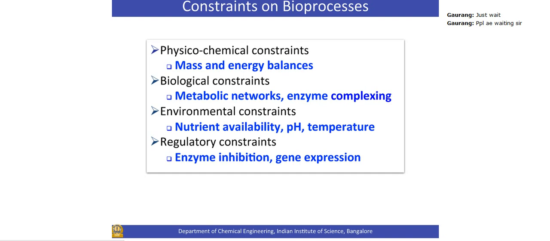But what makes biological processes interesting are the remaining constraints, such as biological constraints. We may provide a carbon source, let's say glucose, and hope that cells convert it into a product such as insulin. However, for glucose to get converted into insulin, the whole carbon has to go through what's called a metabolic pathway or metabolic network. It's not a single step reaction.